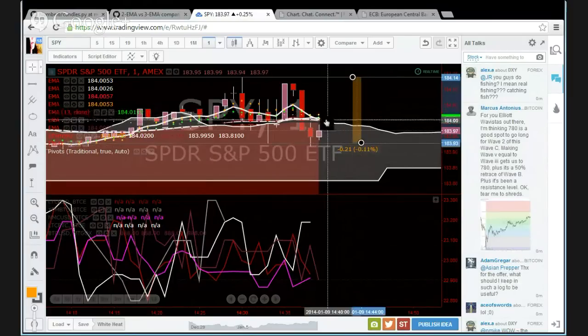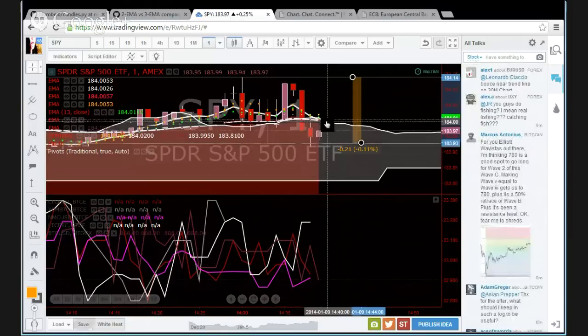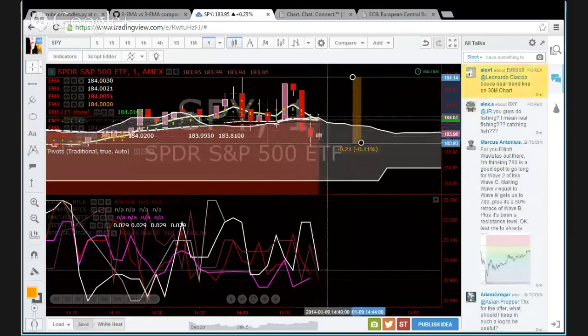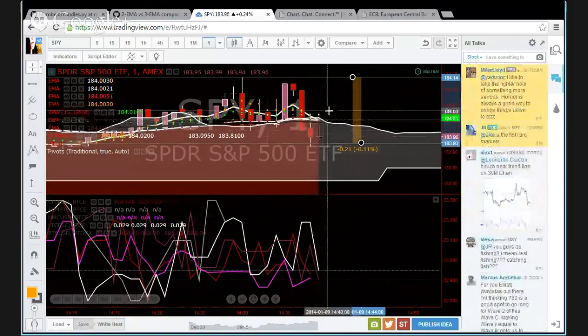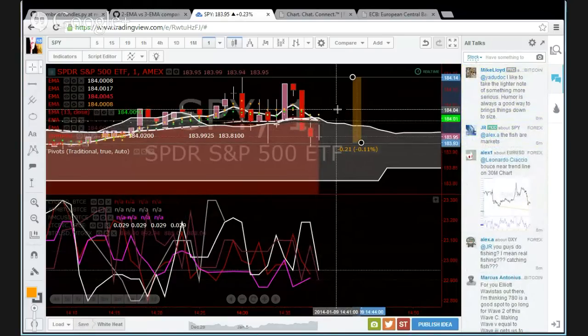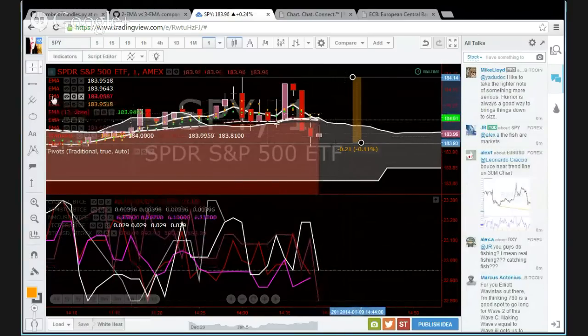Right now, all the moving averages are speaking to more of a downward push. That's what they're speaking about right here. There will be a downward push. Next candle print, please.